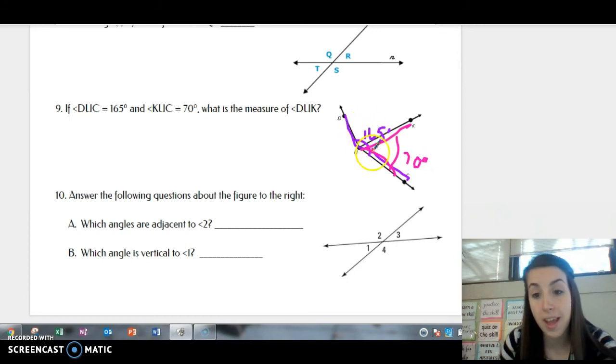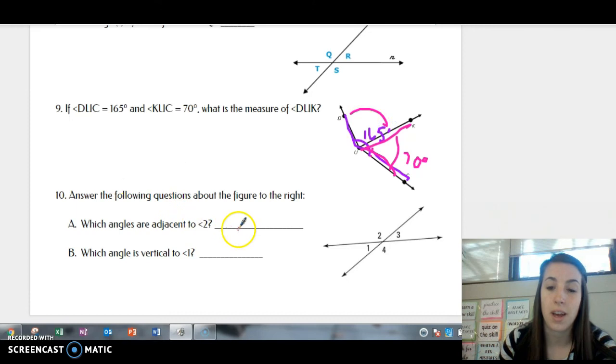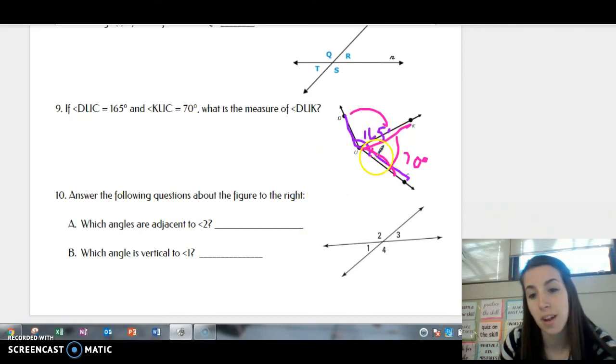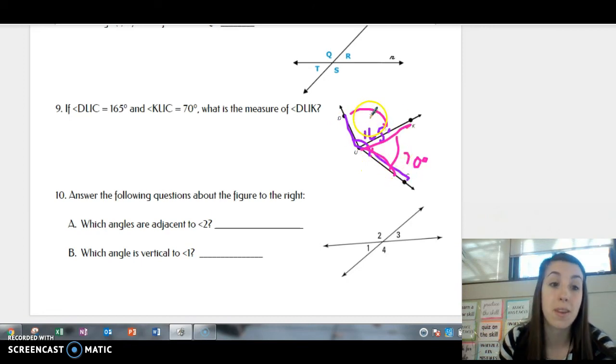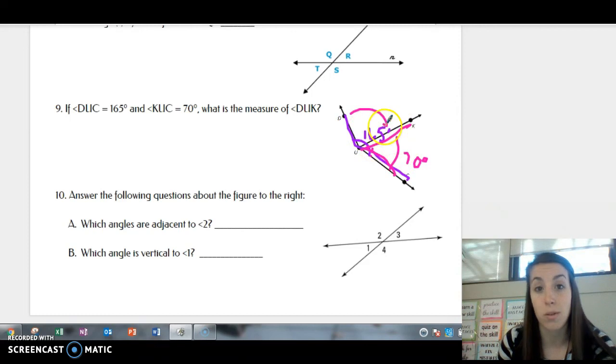So if the whole thing is 165 and this is 70, can you tell me what DUK is, or what this angle is? Okay, so just think the same thing, except instead of it being 180, this time they tell you it's 165. So just find the missing angle if it is 70, and you need to get to 165.